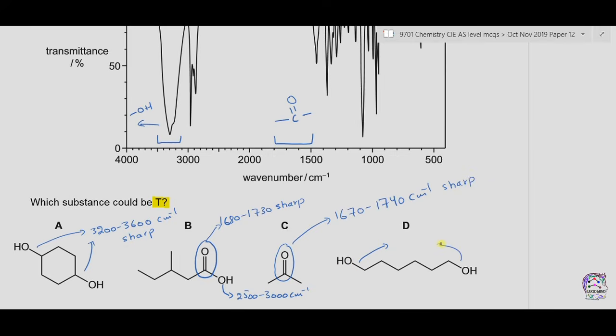So this OH and this OH will give a peak between 3200 and 3600 per centimeter, and it will also be sharp. From looking at the spectrum given, we can see that carbonyl carbon is absent, so therefore B and C are incorrect. So the answer could be A or D.